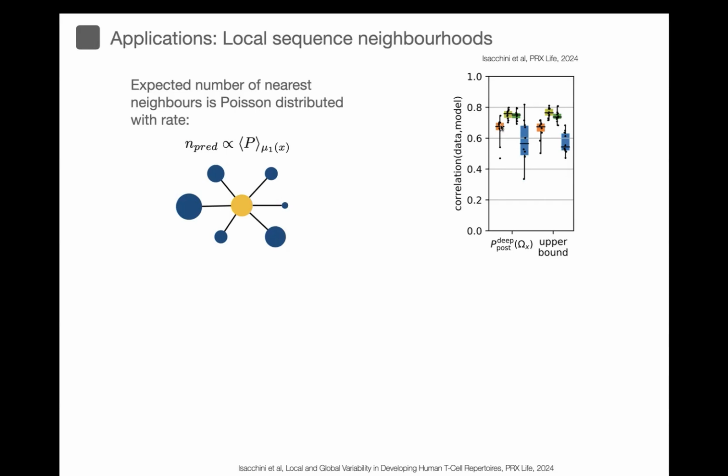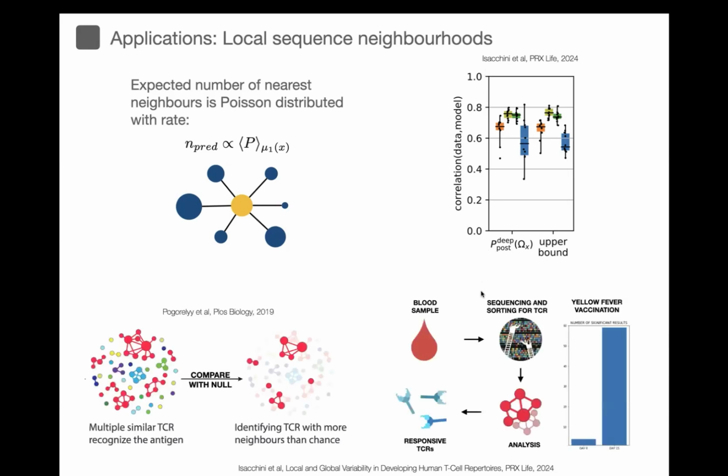And there are many other interesting tests that I've been doing. The paper came out this year, so you can have a look at it. But an obvious application of all of this is that it has been shown already before using generation probabilities that if you look at the repertoire and at some cluster of receptor sequences, there are some that are there just by pure chance, and there are ones that are surprising, that are there just because of an antigenic challenge.